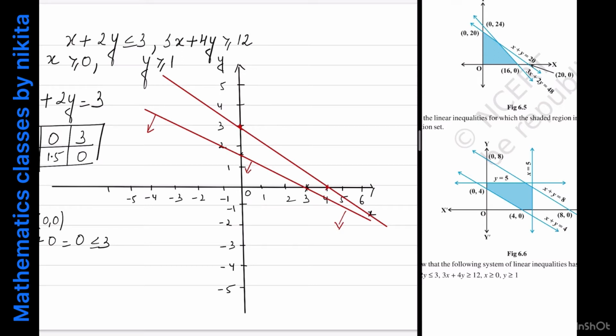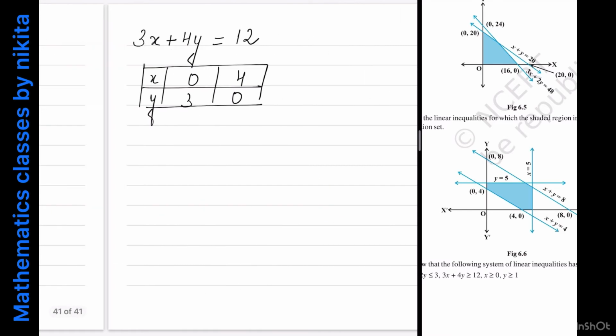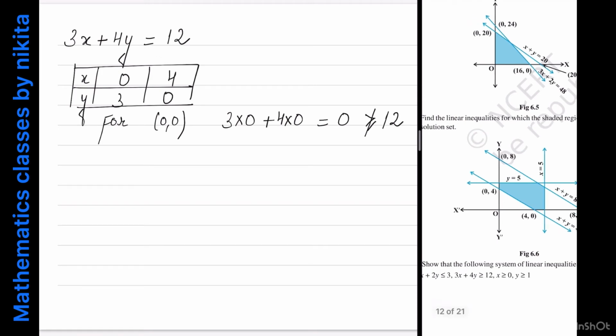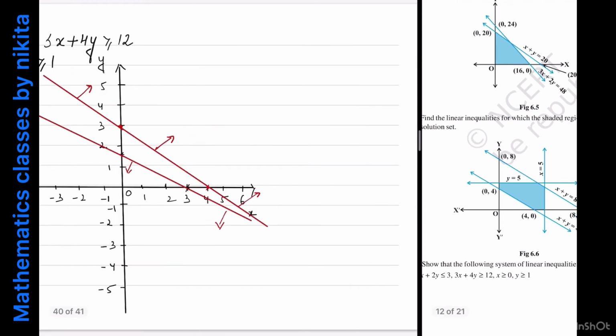So opposite direction of origin means that this is this side, okay, on this side. Got it? So for 0 comma 0 we have 3 into 0 plus 4 into 0, which is 0, and 0 is not greater or equal to 12.